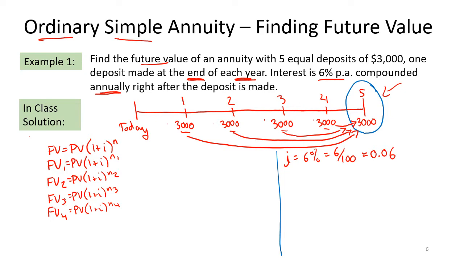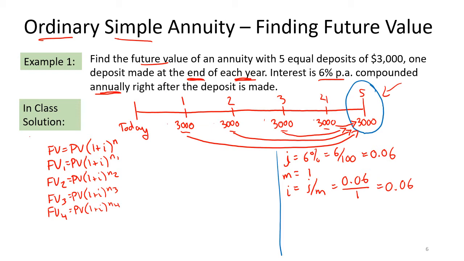We're compounded annually, so that means that M is equal to 1. So our interest rate I is equal to 0.06 divided by 1. Remember, I didn't write the formula, but I is J divided by M, which is 0.06 divided by 1, or just 0.06.